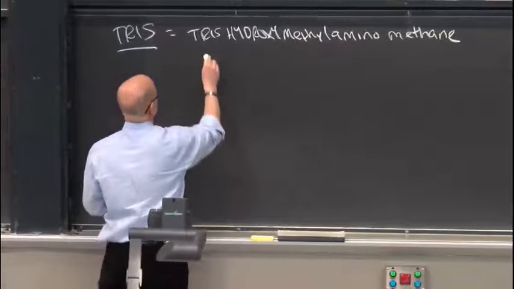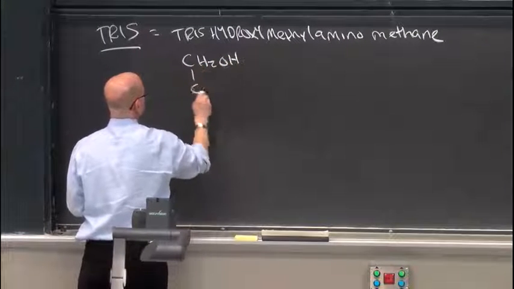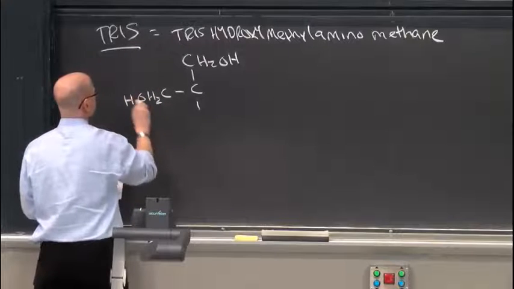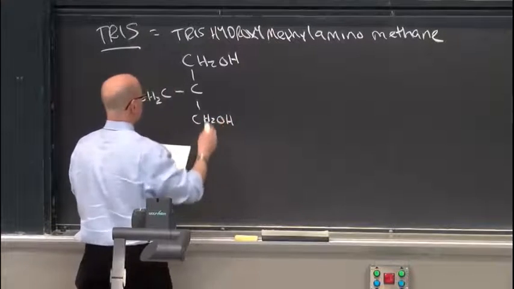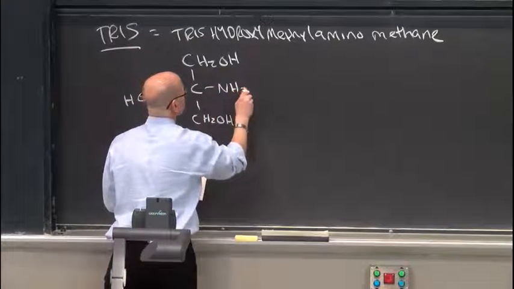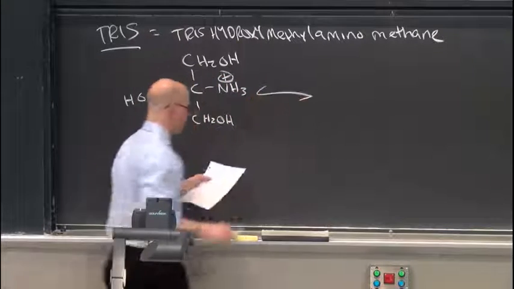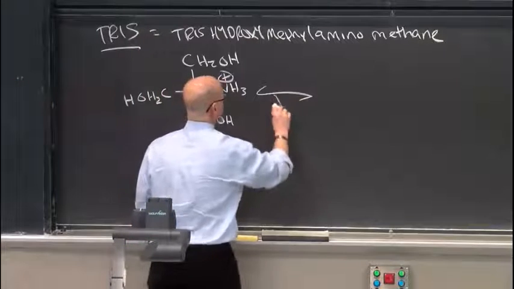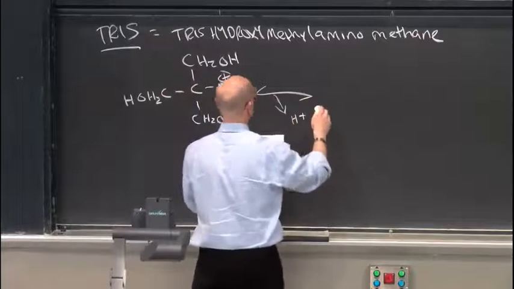What does its structure look like? Well, it's got 3 hydroxy methyl groups, as you know from the name. Okay. And it's got an amino group here, NH3+. And when you add a proton or subtract a proton, what you end up with is this.